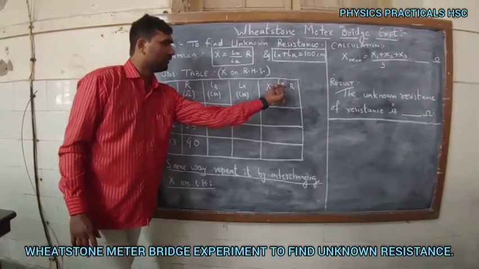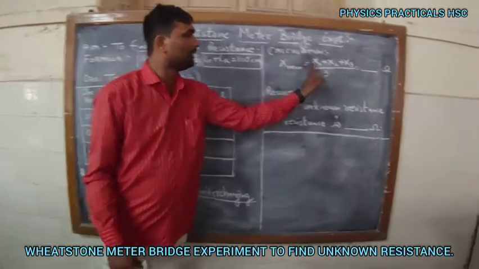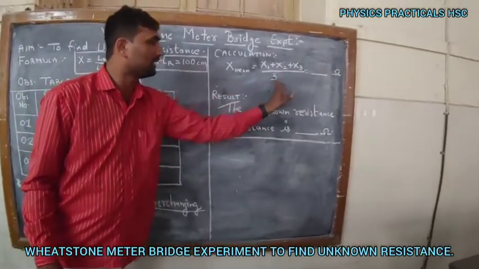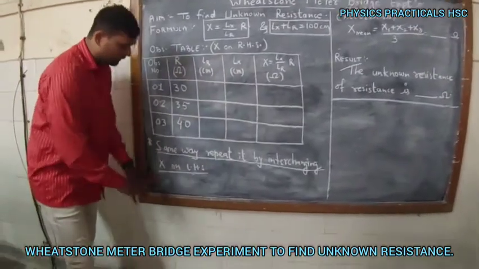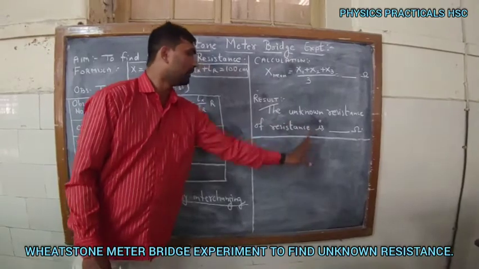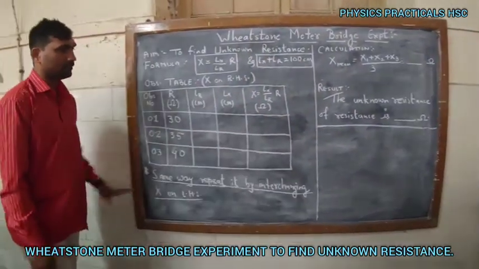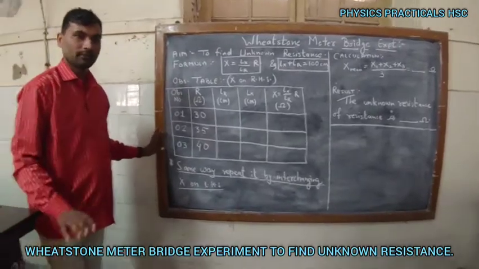Then we will substitute the values and find X, and after this we will find the mean of X, which is X1 plus X2 plus X3 divided by 3, that is the X mean on the right hand side. Same way for the left hand side also, and then we will take both means, then we will get the value of the unknown resistance, which we will write in the fill in the blanks.